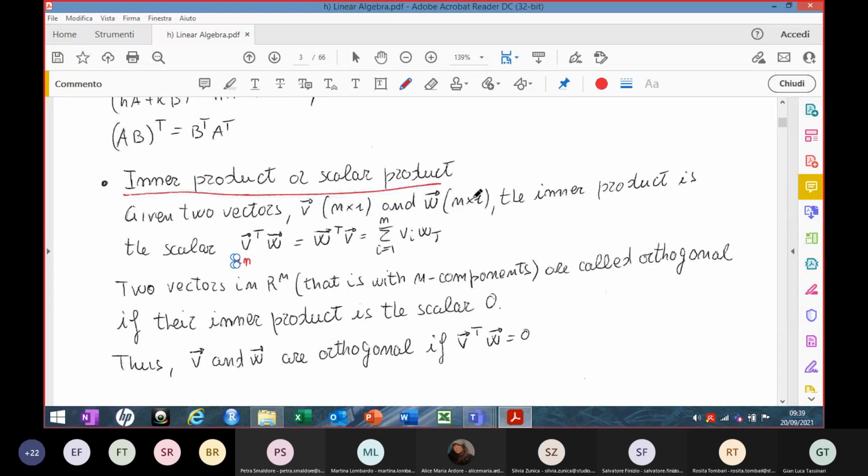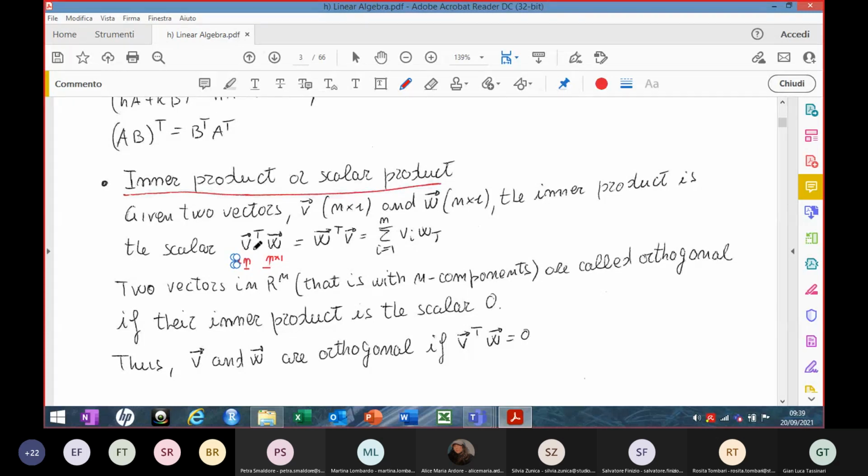V transpose times W is 1 times n times n times 1. I told you when a product with matrices is feasible, but I also told you that vectors are special cases of matrices. Do you think that this product is feasible? Yes, it's feasible. Why? Because you have to look at this number, the number of columns of V transpose.